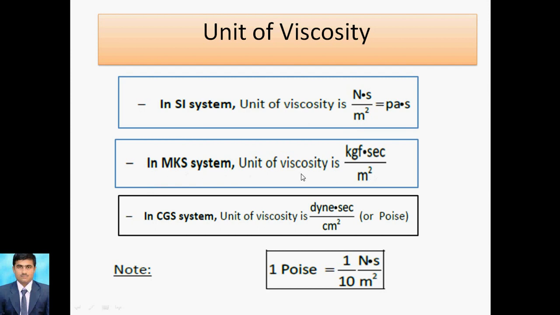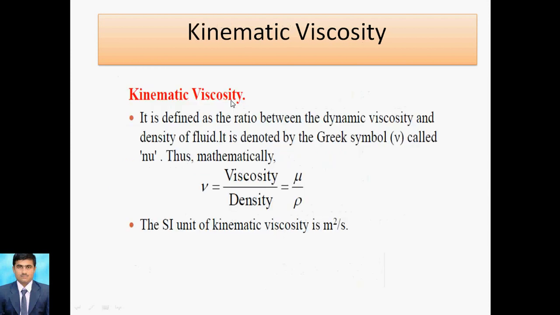In the CGS system, that is centimeter gram second, the unit is dyne second per centimeter square, or you can say poise. Poise is named after a scientist. So 1 poise is 1 by 10 Newton second per meter square. So whenever we convert poise to Newton second per meter square, we directly divide by 10. So this is regarding the unit of viscosity.